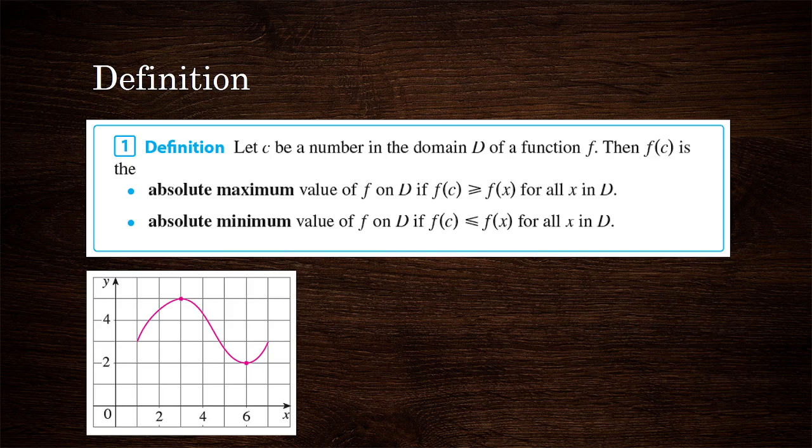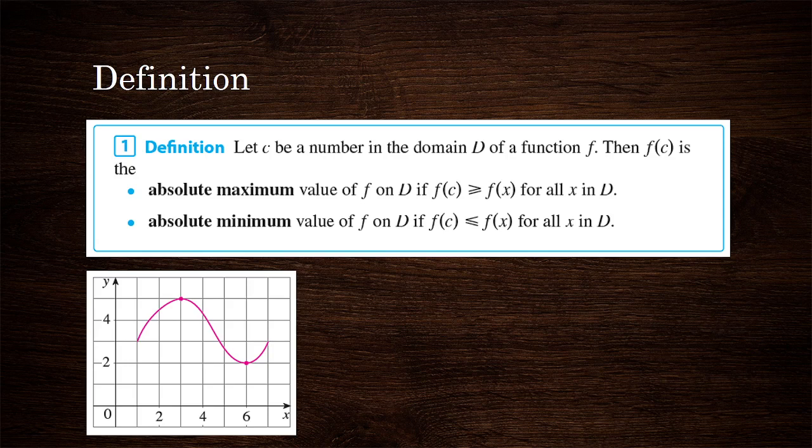Then f of c, where c is any number which is part of the domain, is the absolute maximum value of the function on the domain if the value of f of c is greater than or equal to f of x for all values x in the domain.